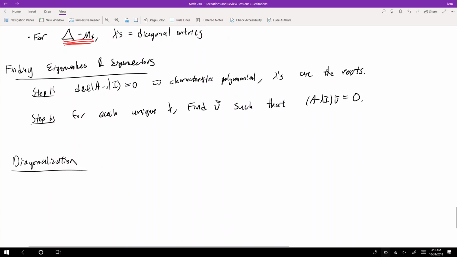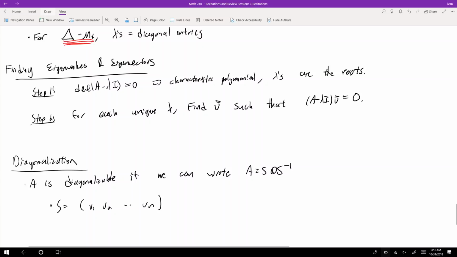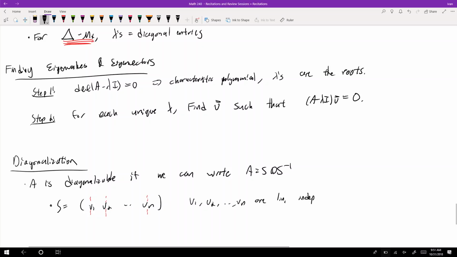Okay, so diagonalization. We say A is diagonalizable if we can write A equals S D S inverse. S is equal to v1, v2, through vn as column vectors, where v1, v2 through vn are linearly independent eigenvectors.